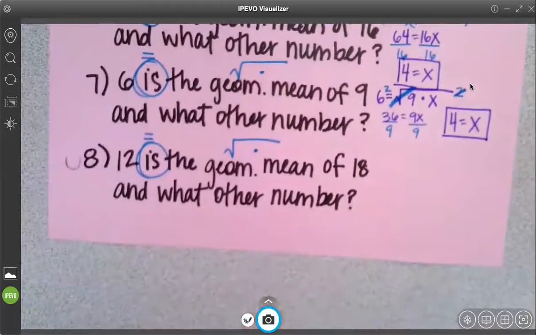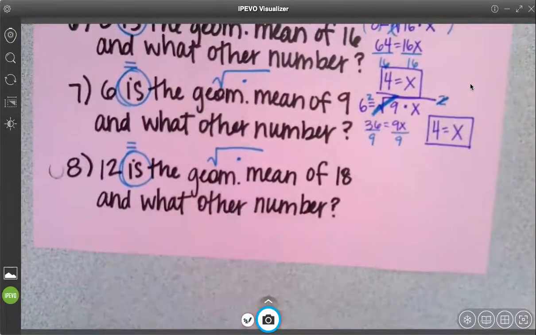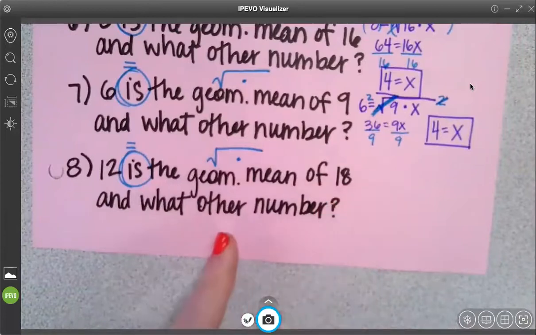Lastly, we have number 8. 12 is, write this down, the geometric mean of 18 and some unknown number.